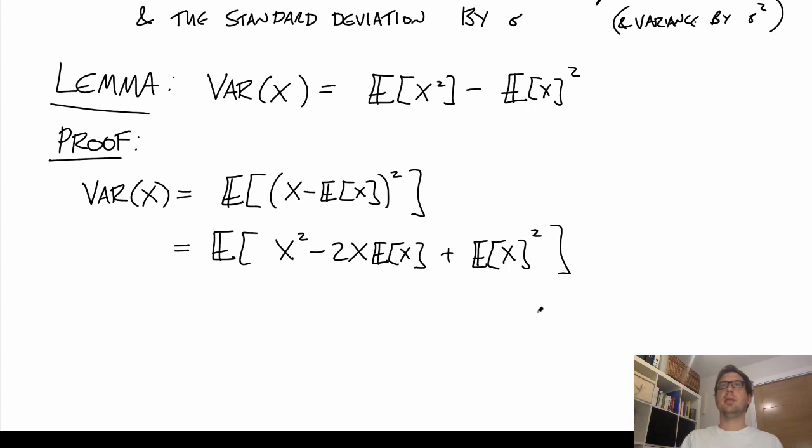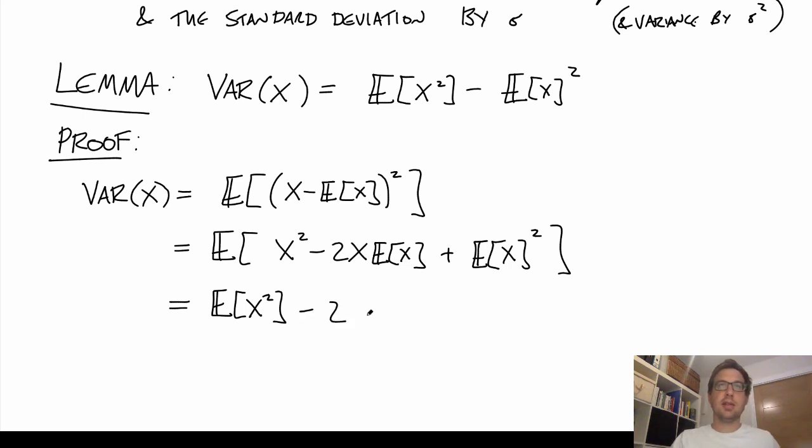Then we can use the linearity of expectation. Remember that if we have a number of terms, it's the same as adding up the expectation of each of those terms. Notice that the random variable x has been multiplied by a constant, minus 2 times this number, which I can think of as mu, or just the expectation of x. This is no longer a random variable, it's just a number that happens to represent the mean of x.